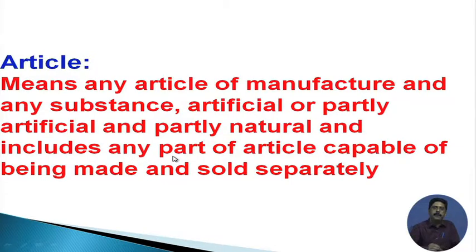An article which can be made and sold separately, that can be manufactured by a manufacturer, may be artificial or partly artificial and partly natural, just like rock. Sometimes I give the example of a rock shaped by sand erosion or natural erosion, so that a beautiful article in the form of a paperweight comes up.